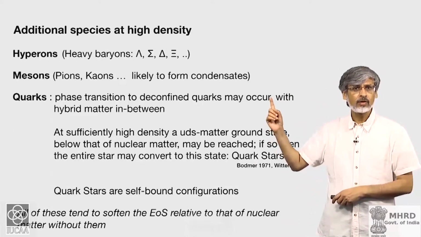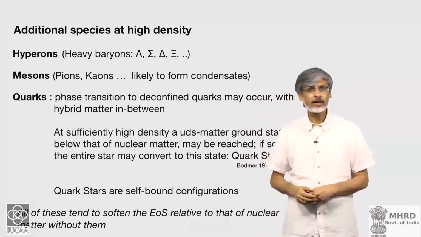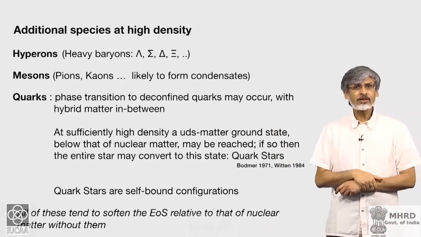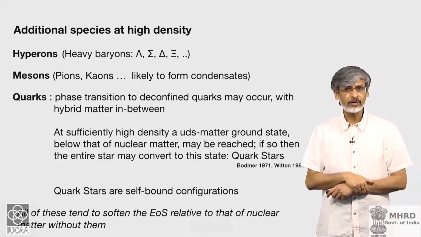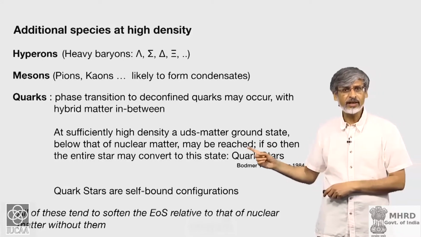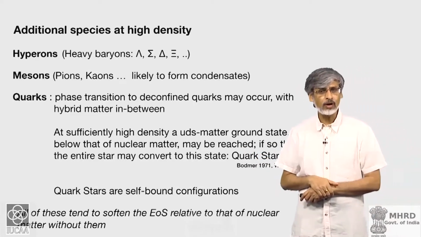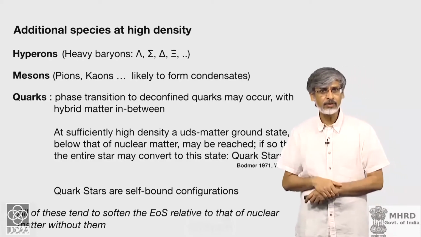And once mesons appear at these high densities, they are likely to form condensates. Then quarks. Phase transition to deconfined quarks may occur with hybrid matter in between. And at sufficiently high density, a mixture of up-down-strange quark matter may become the ground state of matter, which is below that of nuclear matter.